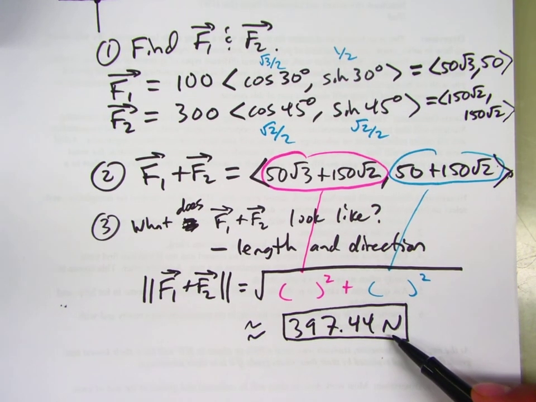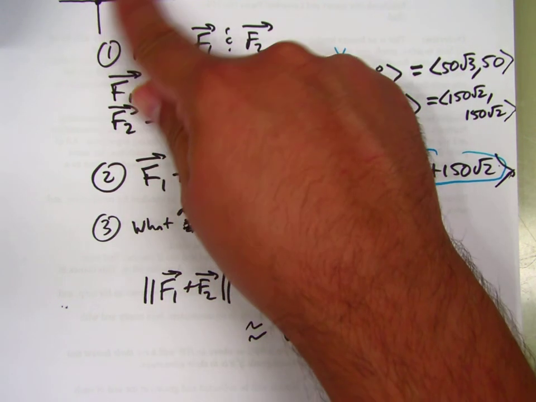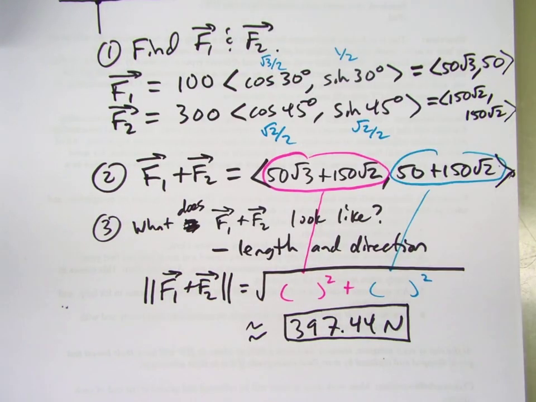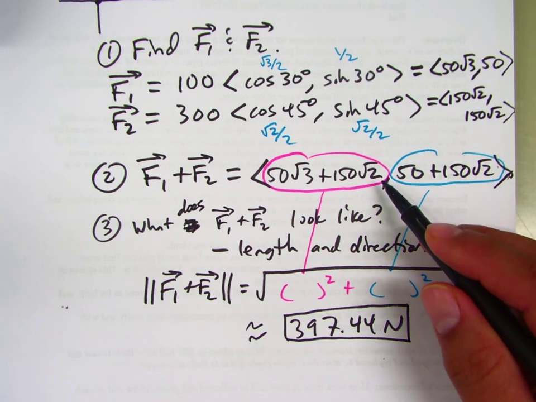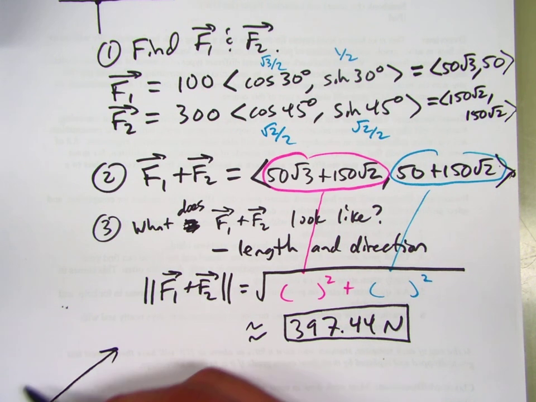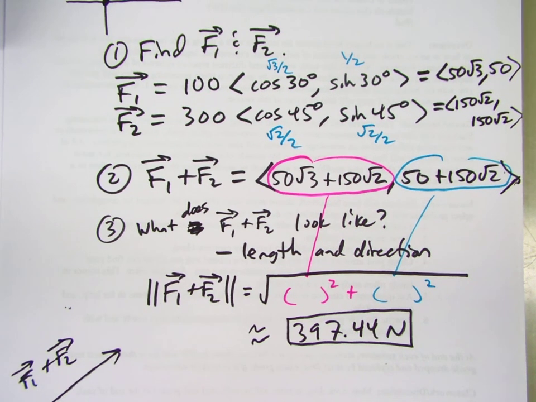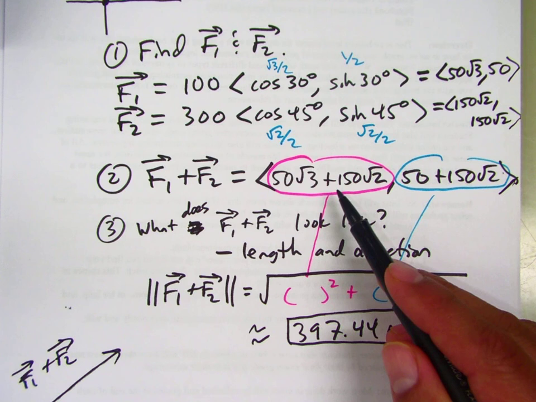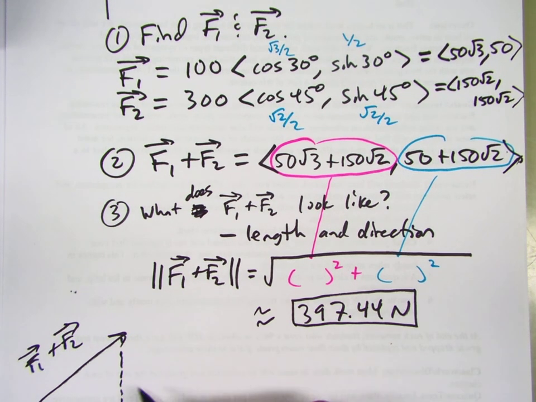And now the angle has to be between 30 and 45, somewhere in between, right? Here's how we can find that. We know the y and the x component. If this is F1 plus F2, we know what the x component is because we have it right here in that pink circle, and we know what the y component is. And we're looking for this angle.